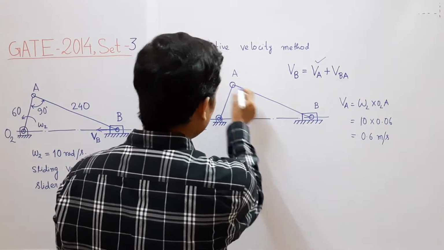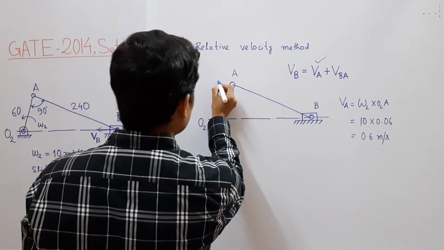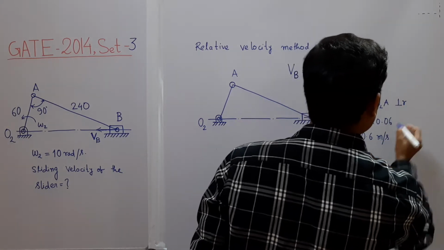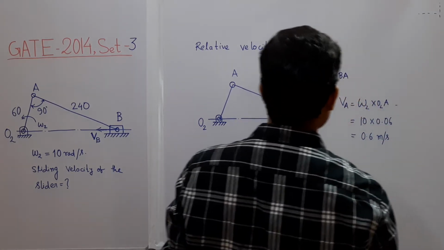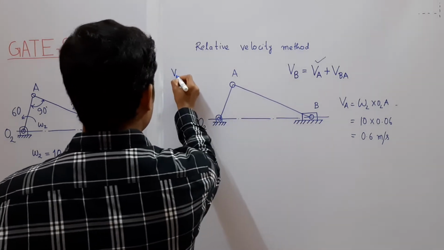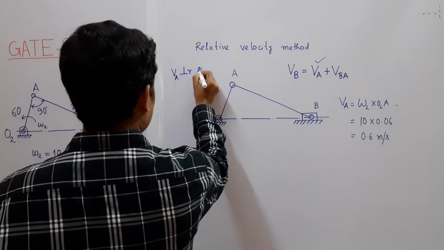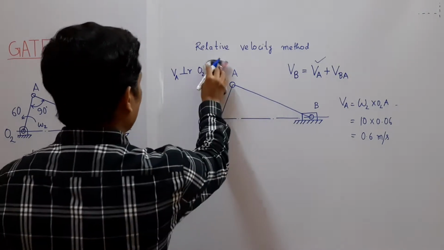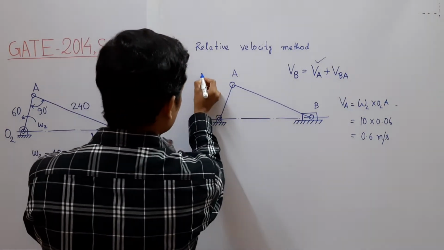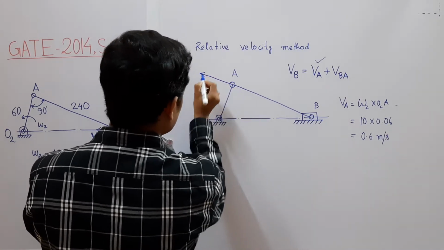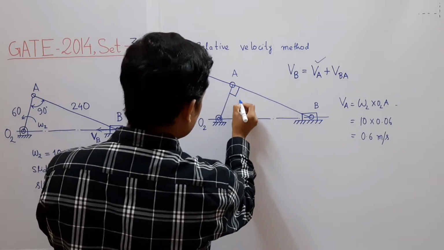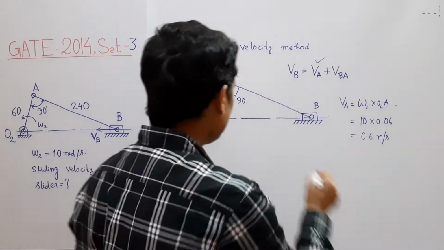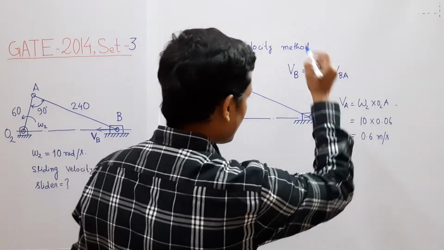VA is perpendicular to O2A. So VA is along this direction, and it is given that at this instant this angle is also 90 degree. So VA is nothing but along AB, that is the connecting rod.